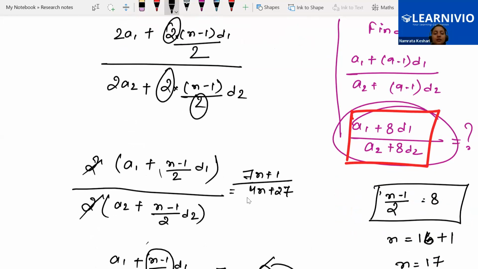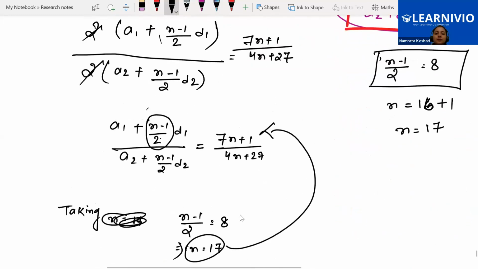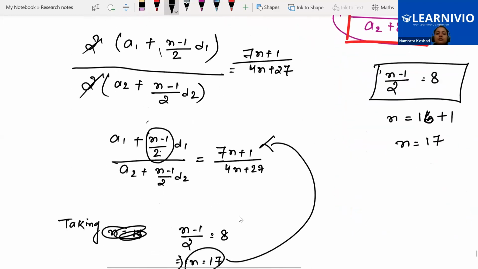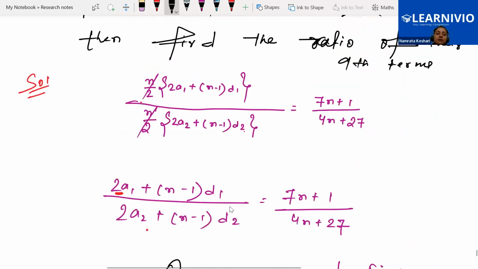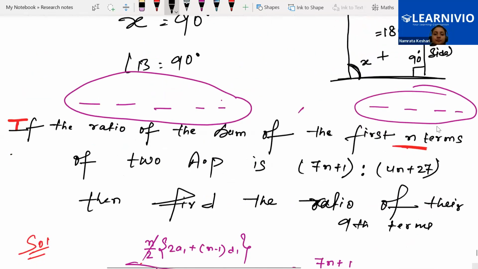Okay, I got it. So by ourselves we are taking. If you apply the logic, you will say n is 8, but this is not true. We cannot take n as 8, or directly n as 9. Otherwise, this question will be very simple, like here only we can substitute. This is basically why we are not doing so.